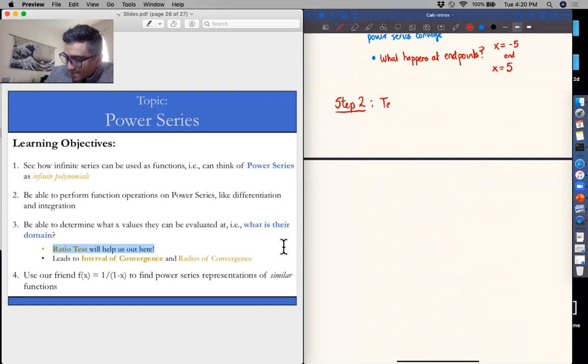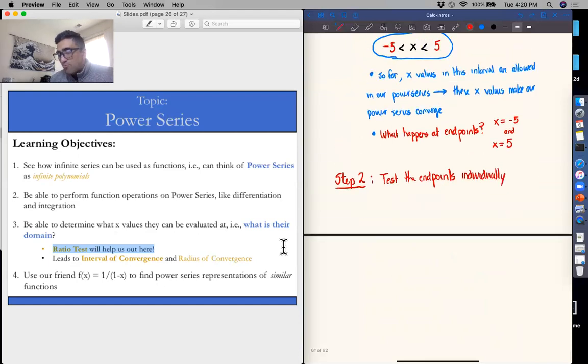Step 2, test the endpoints individually. And what I really mean is we're literally going to put in x equals 5 and x equals -5 and assess whether that resulting series converges or diverges.